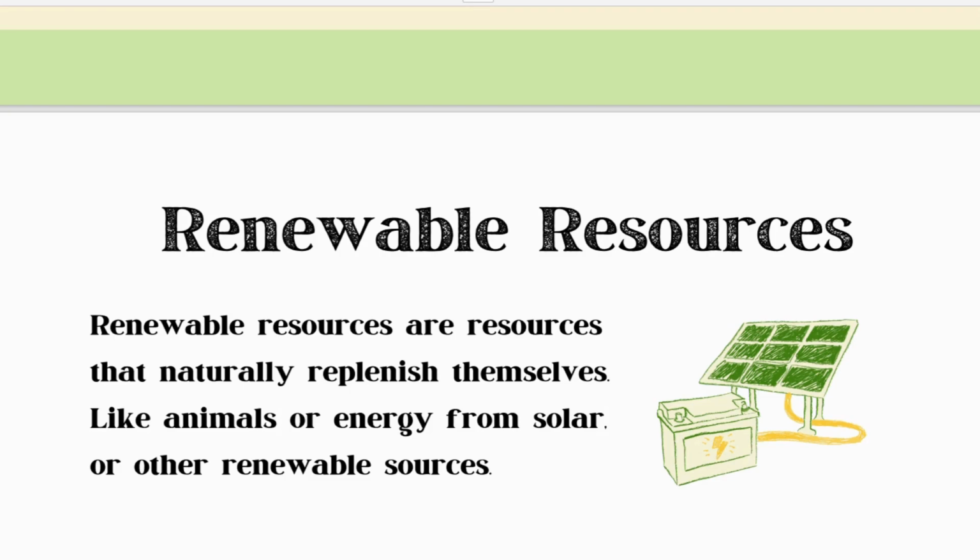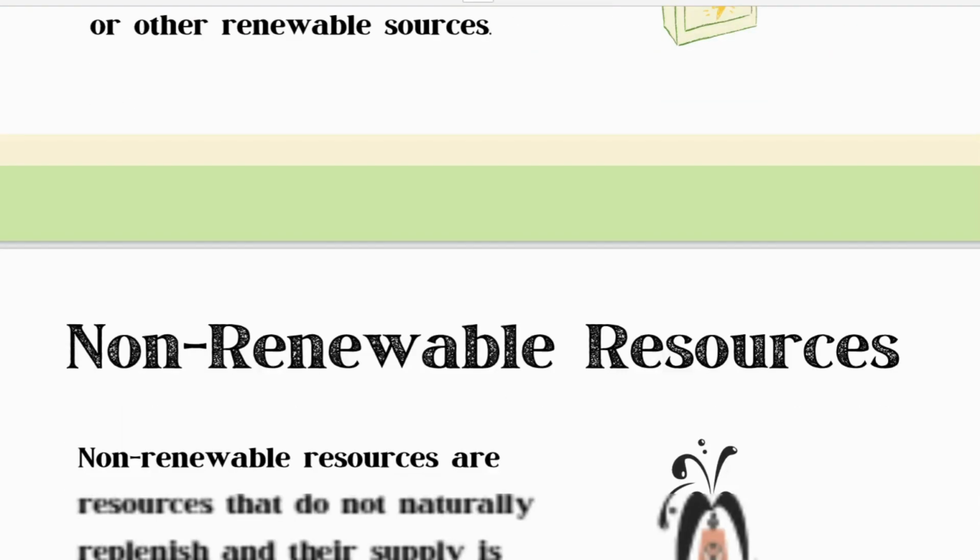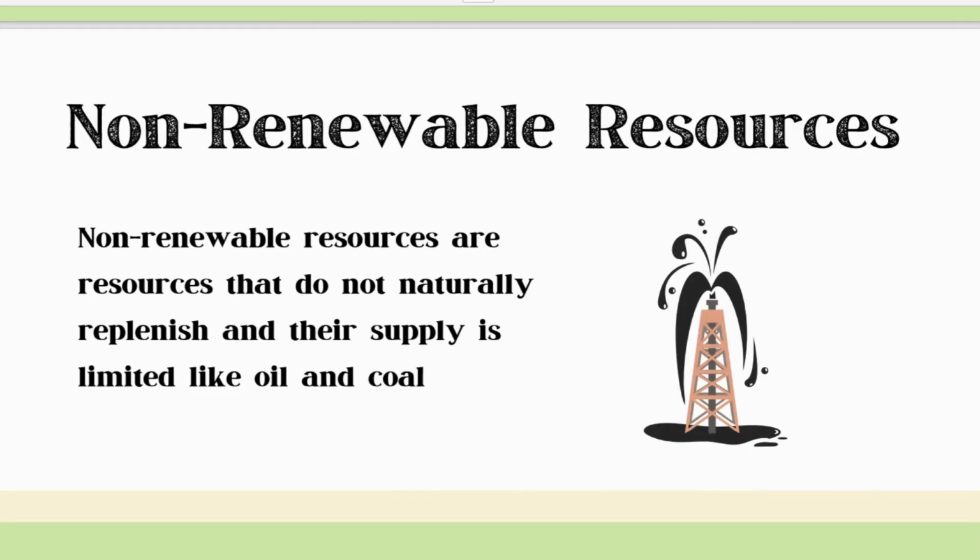Whatever is present in nature in abundant quantity, like animals and solar. Now, with solar, you are using the power from the sun, and the sun is not going to get exhausted anytime soon. That's why it is a renewable resource that can naturally get replenished. I know that you have already studied it, but it's a quick recap.